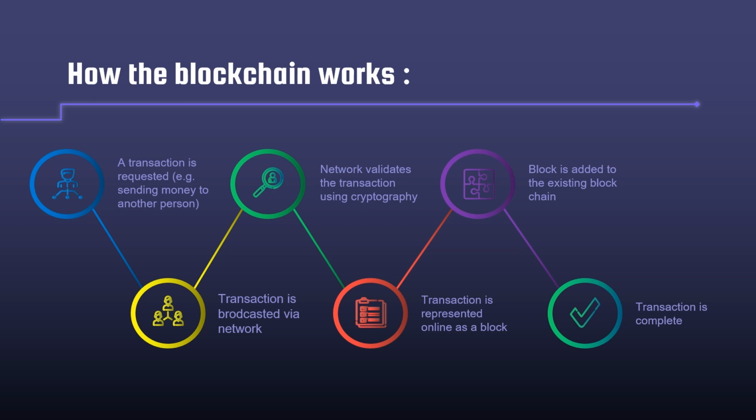The network validates the transaction using cryptography to ensure that it's legitimate. 4. If the transaction is valid, it's added to a new block. 5. The new block is added to the existing blockchain. 6. The transaction is complete. Once a transaction is added to the blockchain, it cannot be changed or deleted. This makes blockchain a very secure way to store and transfer data.